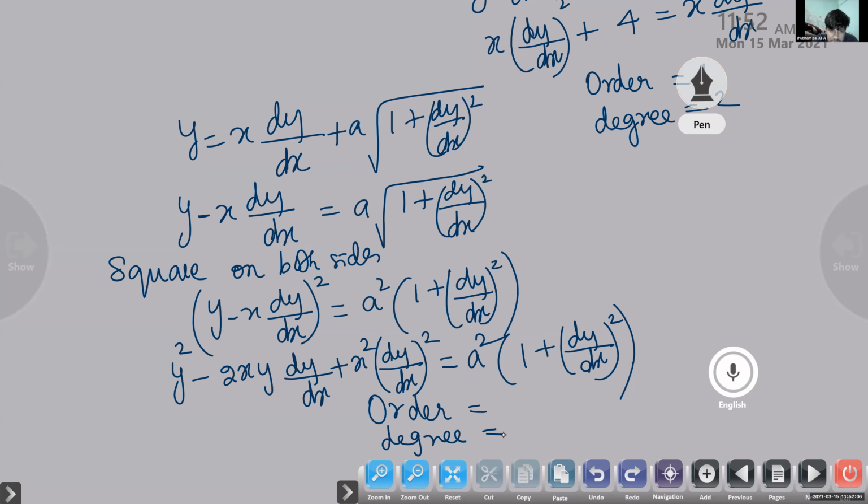Order is 2. Yes, Shubham, what is the order? 2 or 3. Why? How are you getting 2 or 3? Tell me how you are calculating. You are making the mistake again and again. You are counting how many times it is there.